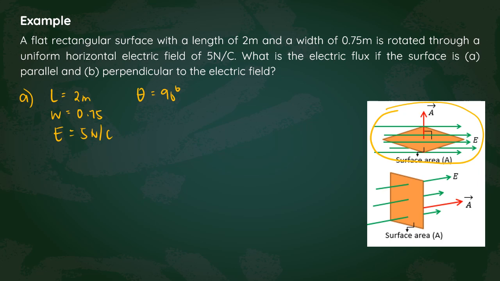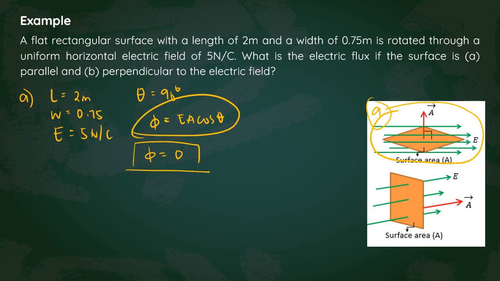To solve, the electric flux will be equal to EA cosine theta. But without going through the trouble, if we look at our illustration, we can conclude that the electric flux is equal to 0. Any surface that is parallel to the electric field will have an electric flux equal to 0.